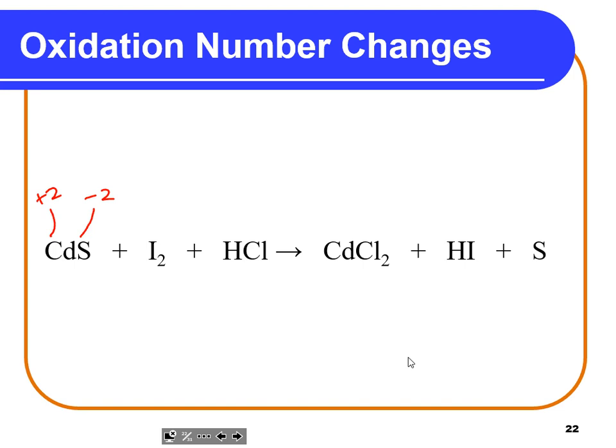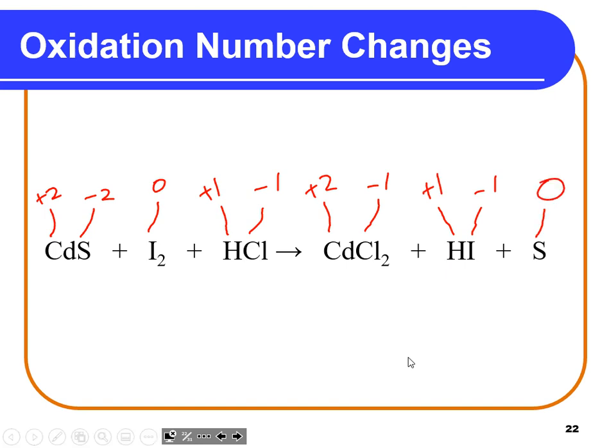I look at my periodic table. Yes, oxidation state of +2. Iodine here is going to be 0. It's by itself. Chlorine's -1. Hydrogen's +1. Chlorine here is -1. Cadmium here is +2. Iodine is -1, hydrogen is +1, sulfur by itself is 0.